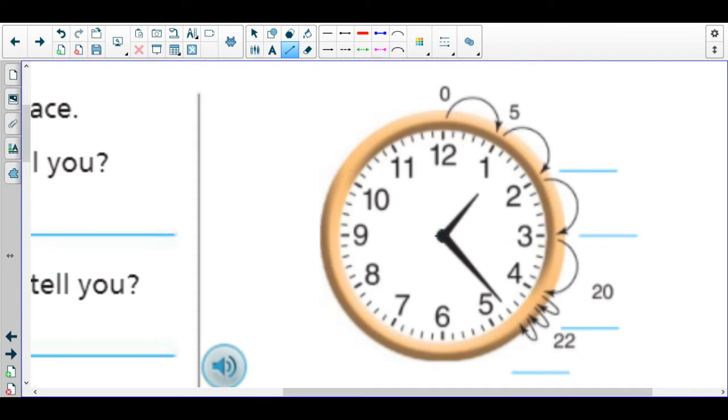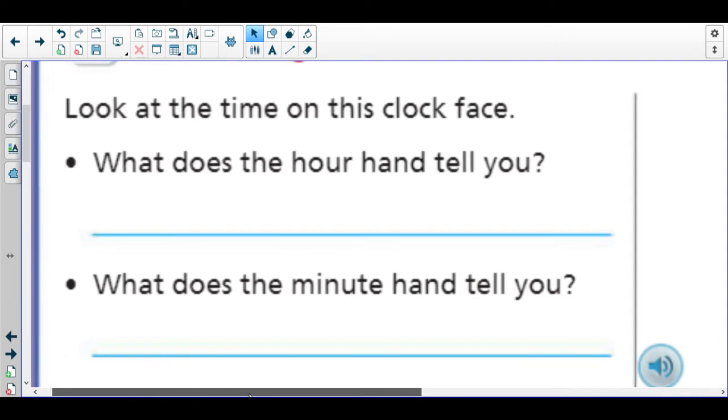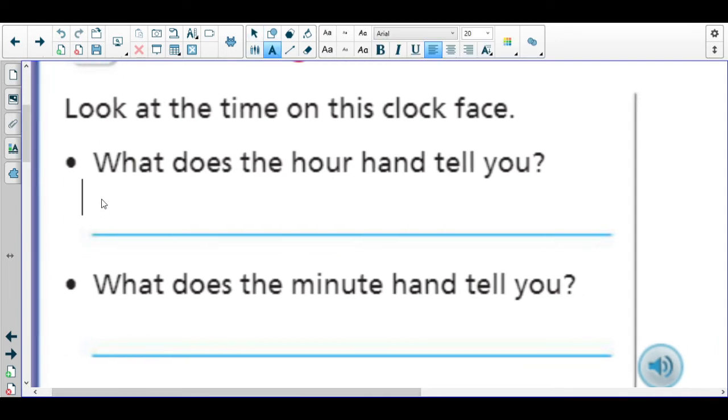So let's go ahead and go here and right there. Okay, so that hour hand is between the 1 and the 2. So what does the hour hand tell us?